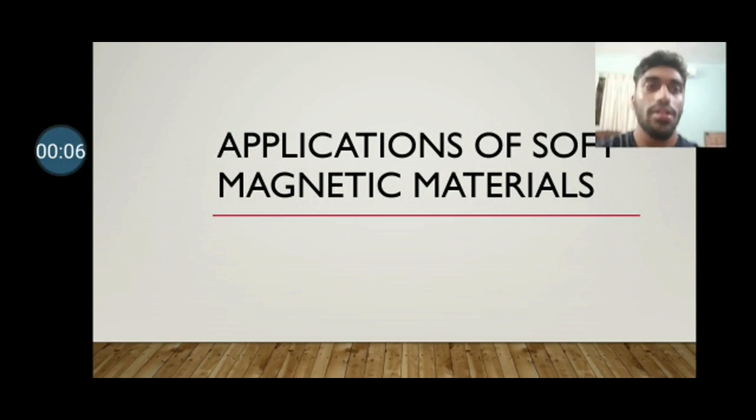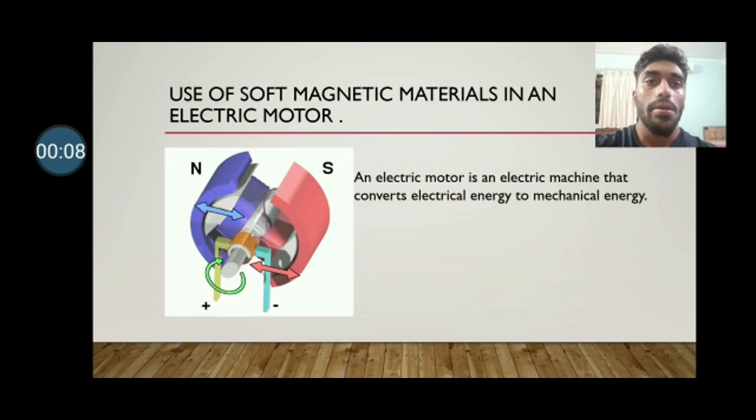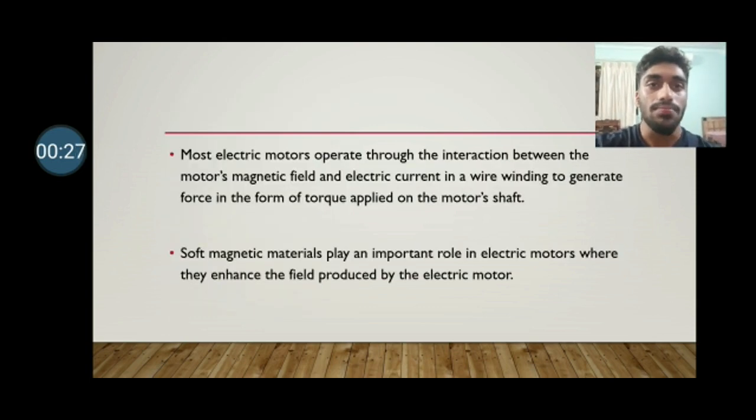Applications of soft magnetic materials. Soft magnetic materials are materials which can be easily magnetized and demagnetized. Let us look at the use of soft magnetic material in an electric motor. An electric motor is an electric machine that converts electric energy into mechanical energy.